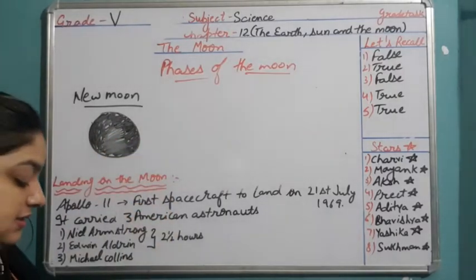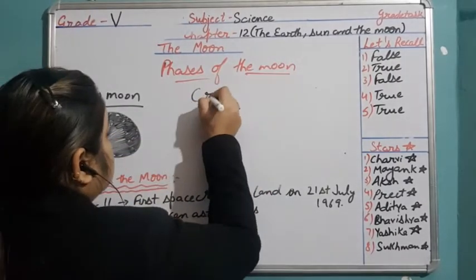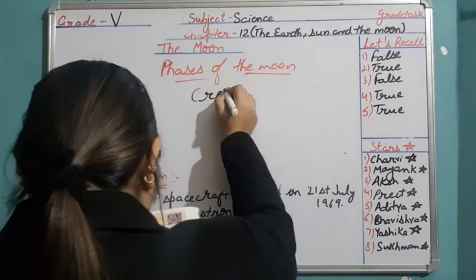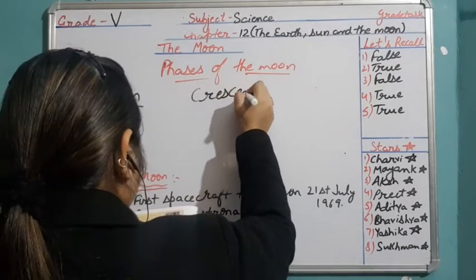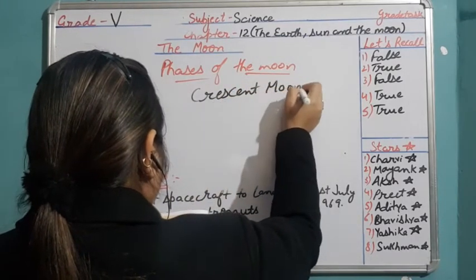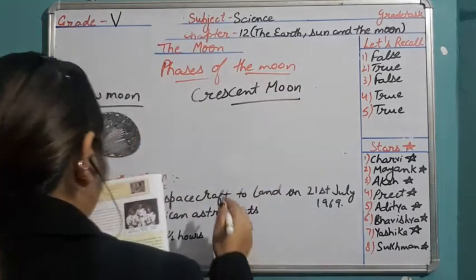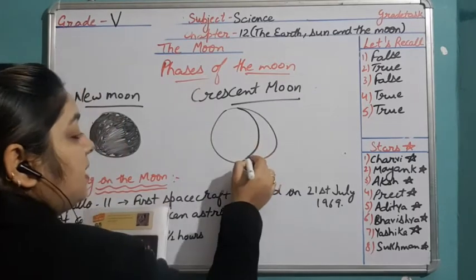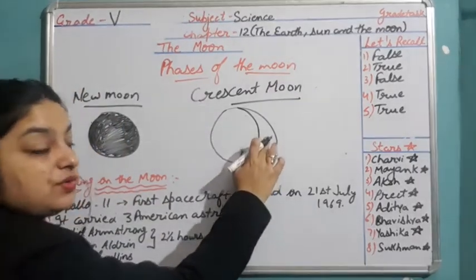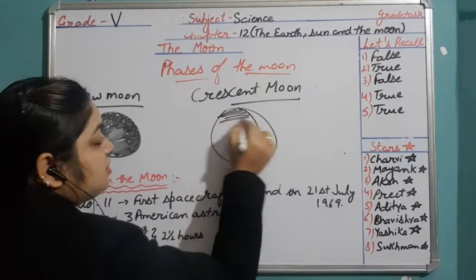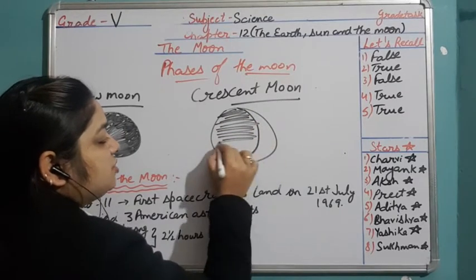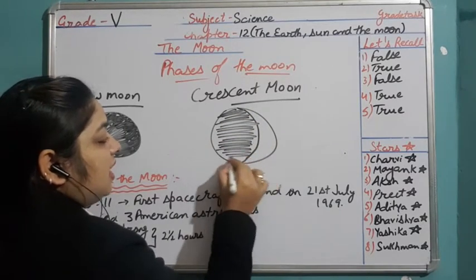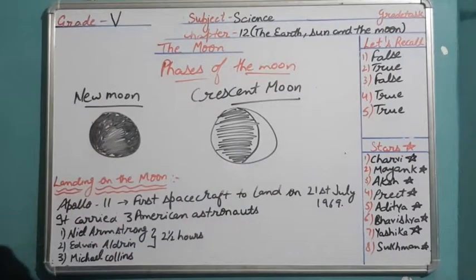After this, the second one is the crescent moon. What is the crescent moon? It is the second shape, when only this portion is visible to us and the rest is not. That is the crescent moon.